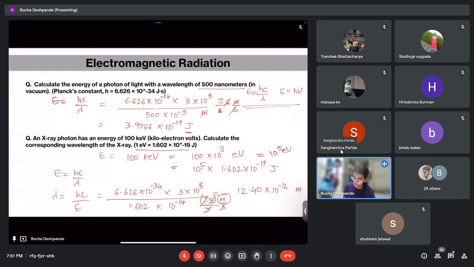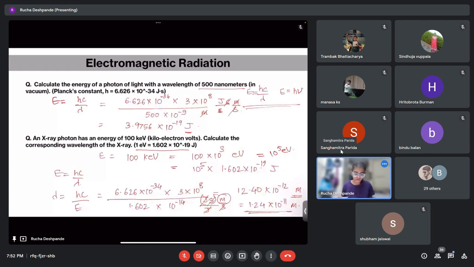So the unit is meters. 12.40 into 10 to the power minus 12, or 1.24 into 10 to the power minus 11 meters. You're getting this.